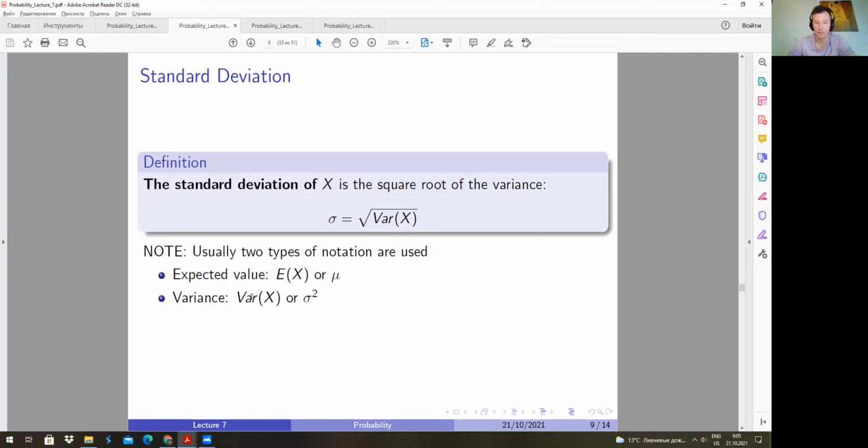For variance, we are going to use either Var x or sigma squared. For the standard deviation, sigma is usually used. There is no special way with Latin letters, so we can write something like SD, but in almost all cases we are using sigma.